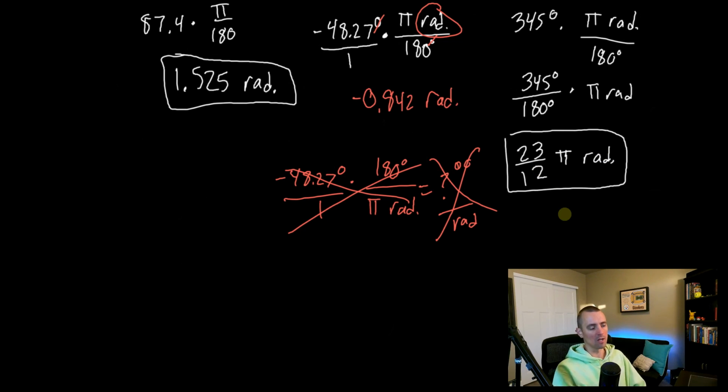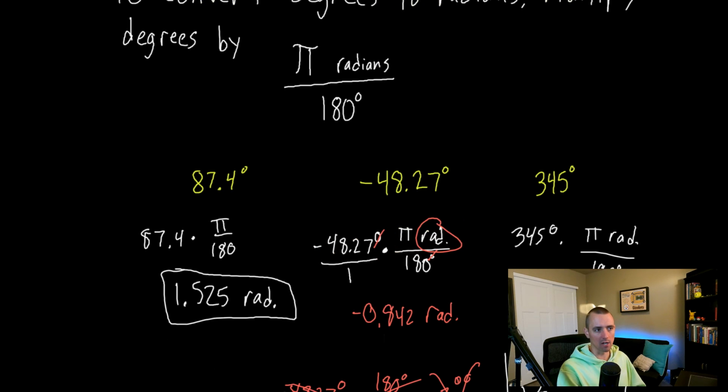It's not really going to simplify down any further than that. You could also plug this into your calculator and get some decimal, round it to 3 decimal places, or you can leave this radians in exact form, just like this, 23 over 12 pi radians. So that's it.